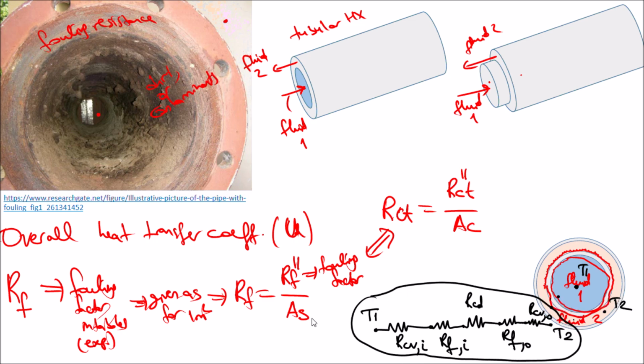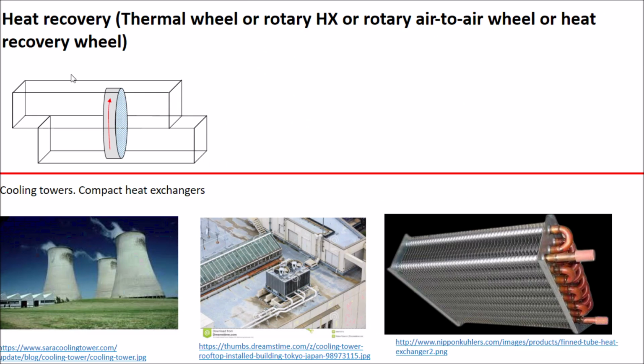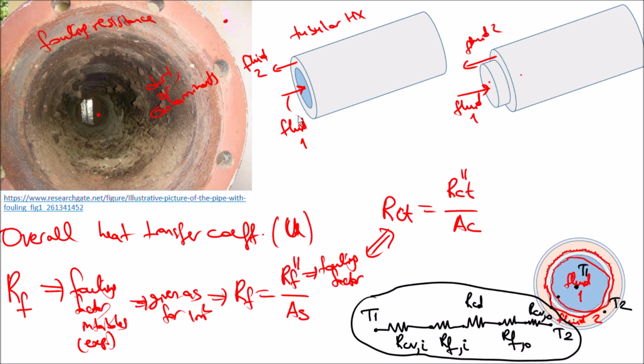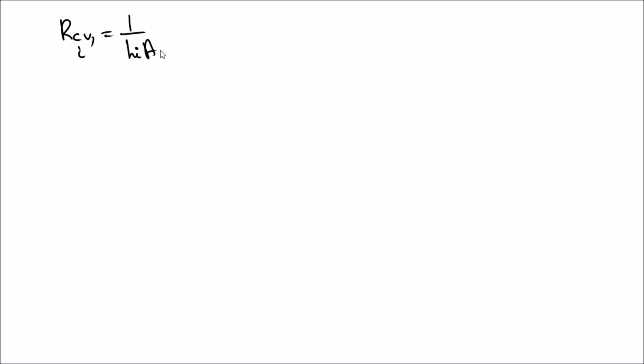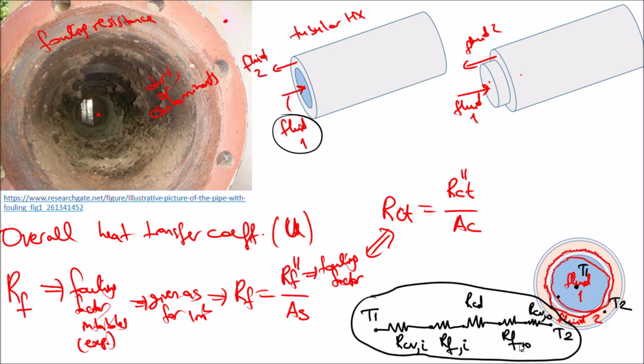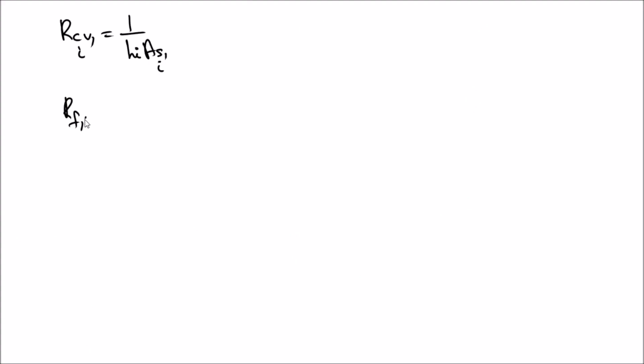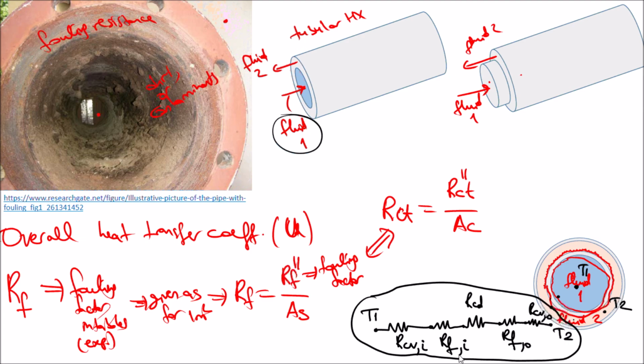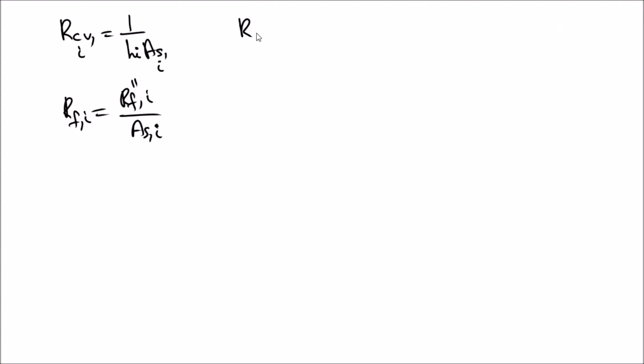Now let's analyze this thermal resistance. What we get: R_CV inner tube is 1 divided by the convective coefficient inside the inner tube, which is fluid 1, times the surface area of the inner tube. This is the first thing, and then you will have the fouling resistance inner, where you look in the tables and divide by the inner surface area, and then the CD resistance.